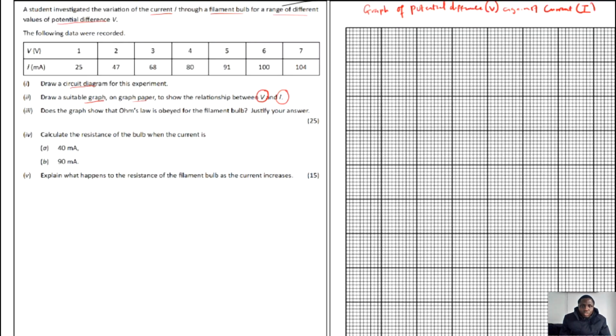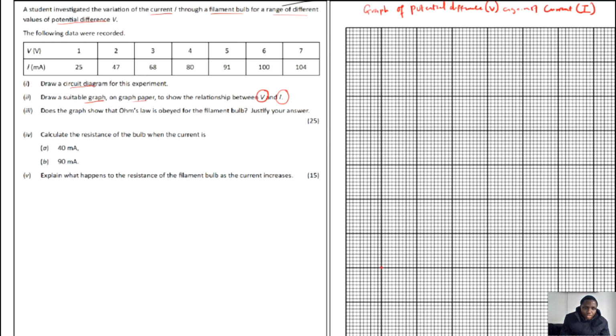For me to choose a suitable scale for this graph work, I have to choose a scale that will suit 7, and at the same time enable me to locate all these numbers 1 to 7. So if I count all the boxes on the vertical side, because V is going to be on the vertical side and I on the horizontal side, let's say this one is 0, this is my point 0.